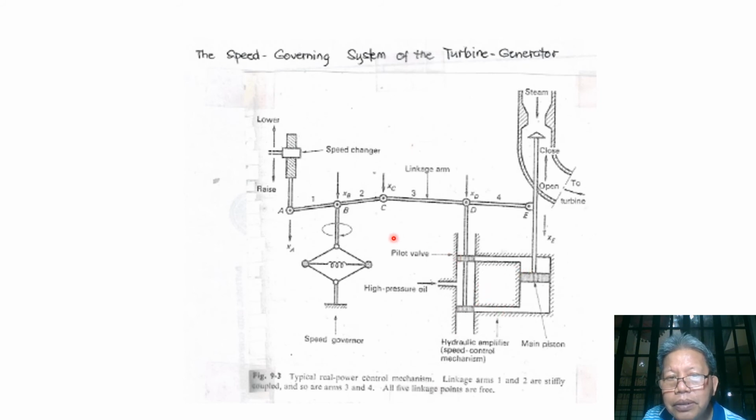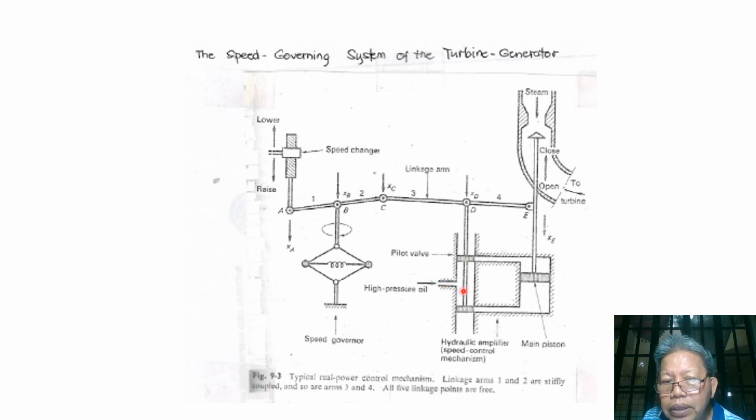So again, when we bring this speed changer up here, A will go up and C will go down. With this one as the pivot, E will go up, and because we have a straight linkage here, it pushes the pilot valves down.